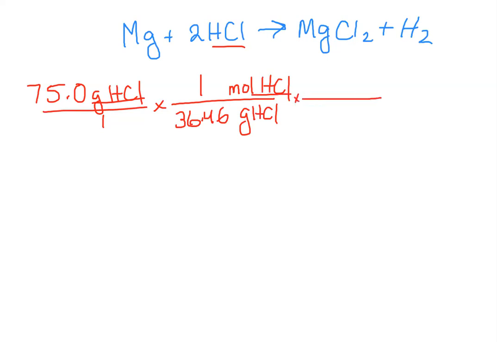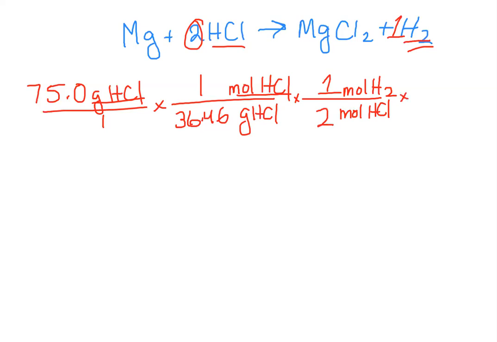Moles of HCl, moles of HCl. And what are we looking for? Hydrogen. So that goes there. And these numbers come from the balanced equation. There's a 1 there, and there's a 2 here. Remember, if there's no number, it means there's a 1.